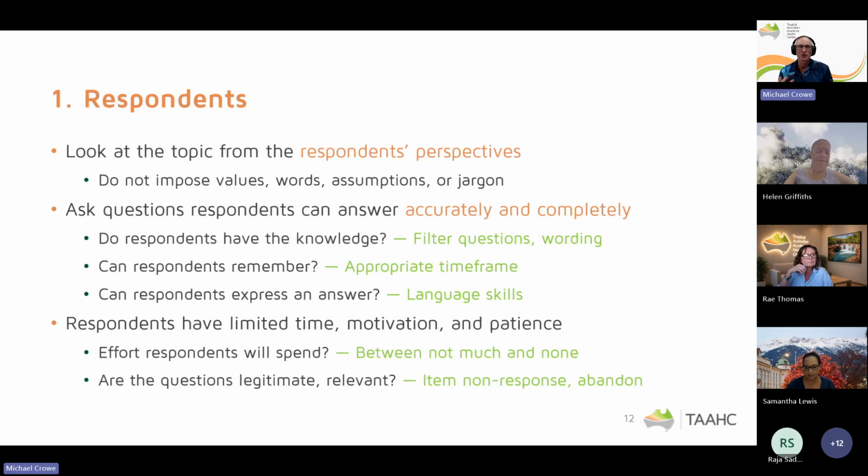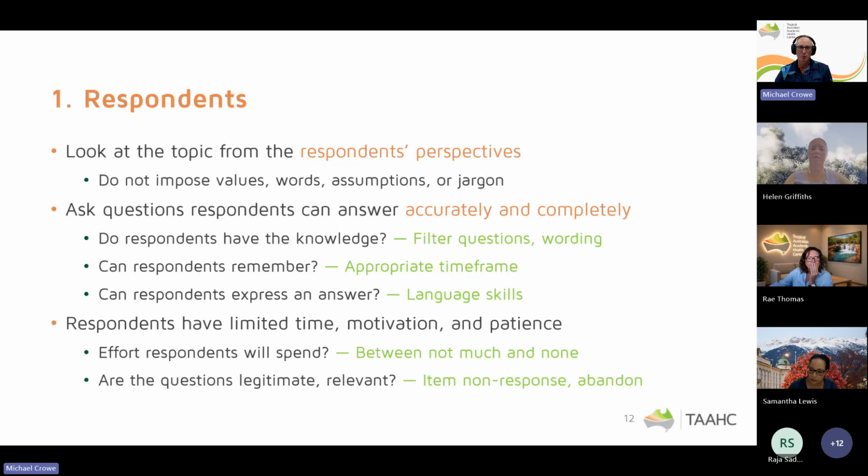But just think about questionnaires where people are doing it because they want to help you out. And so they want this ordeal to be over as quick as possible. So you have to think of things that way.